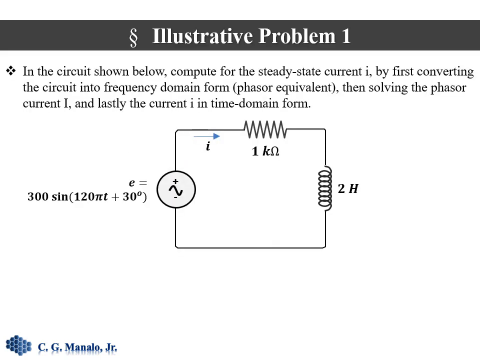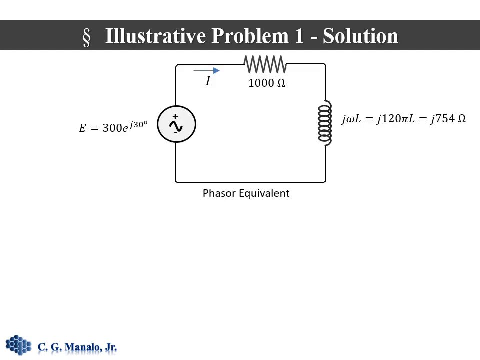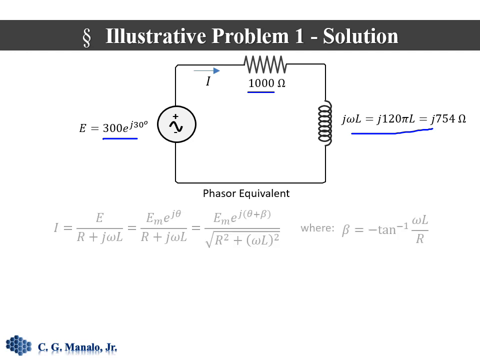So let's have an example to illustrate frequency domain analysis. The first step is to convert the circuit into its phasor equivalent. So this is the phasor equivalent of the source. The resistance is still the same, and the inductance is j omega L. So we can solve the phasor I using Ohm's law in the frequency domain.